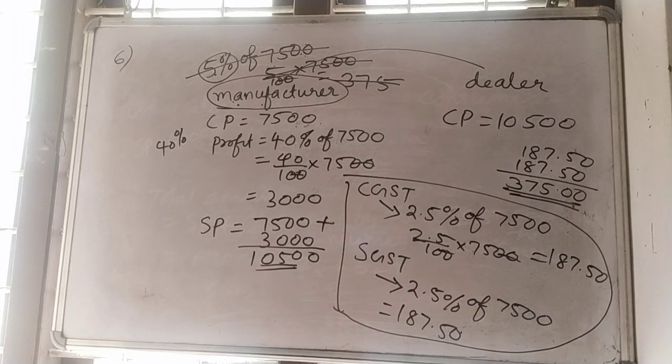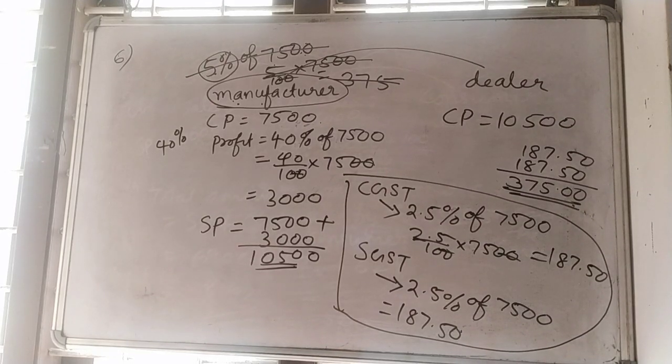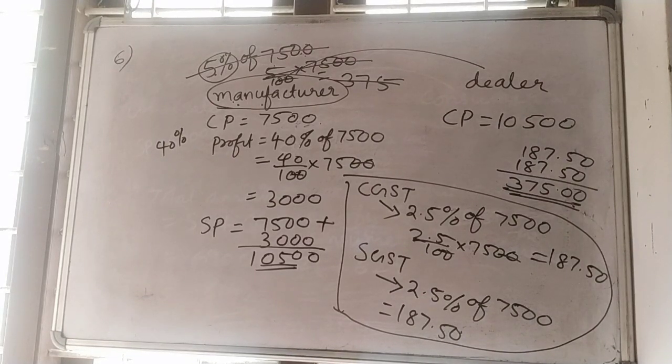That is the first part of our question: input tax paid by the manufacturer, input CGST and input SGST, each 187.50. Okay, first part is over.